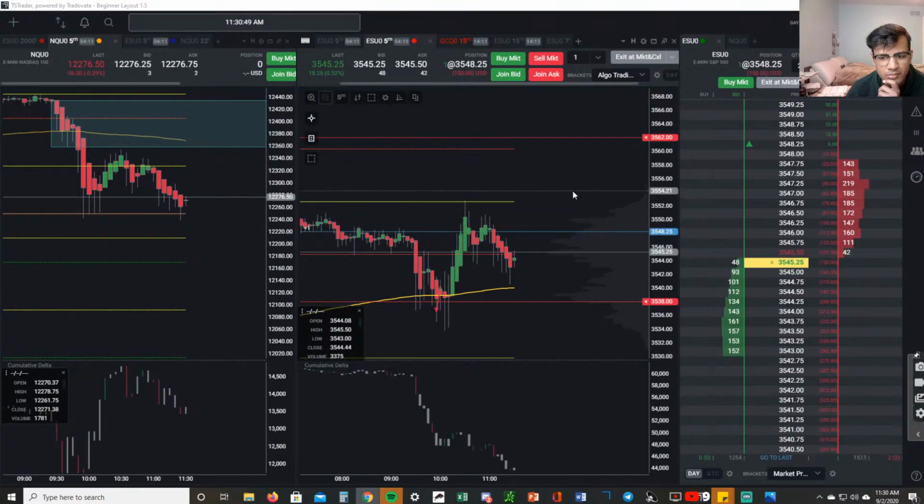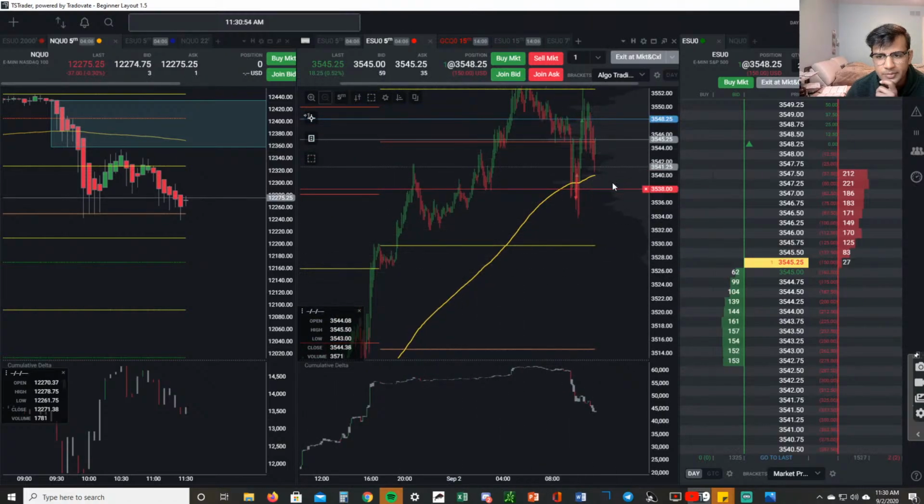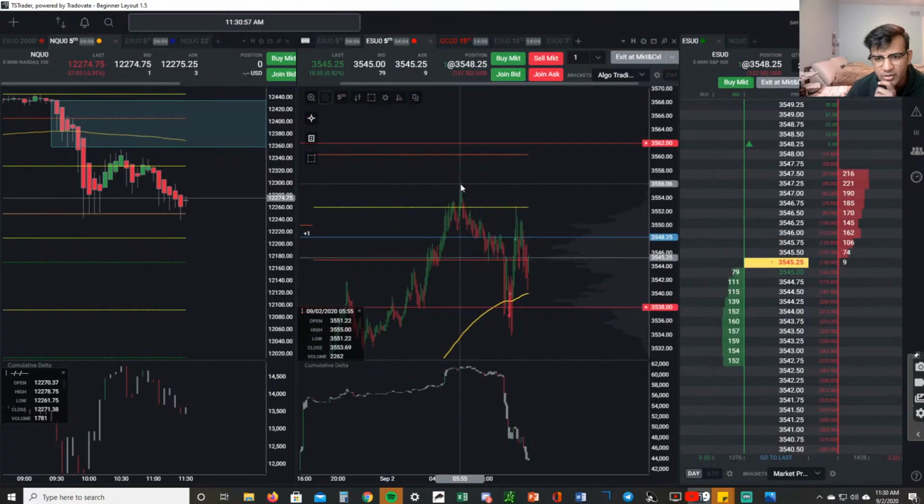Still long. And the overall big trend, right? Still pushing up, pushing up, pushing up. I understand that this was like an all-time high area.